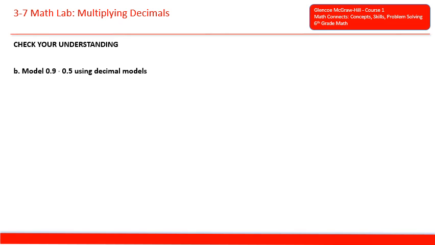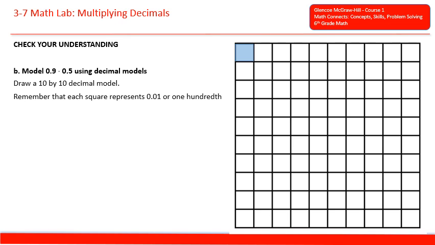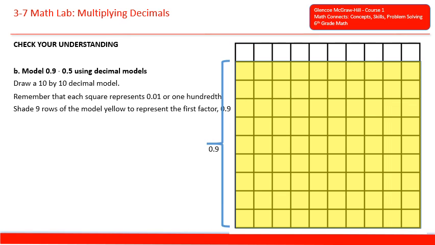Model 0.9 times 0.5 using decimal models. 10 by 10 model. Then we have, that's 0.01 or 1/100th, that blue square. And we're going to shade 9 rows of the model yellow to represent the first factor, 0.9.